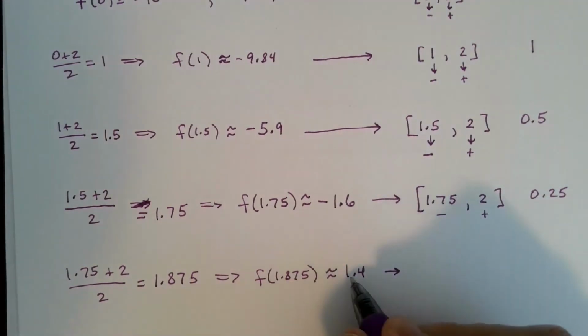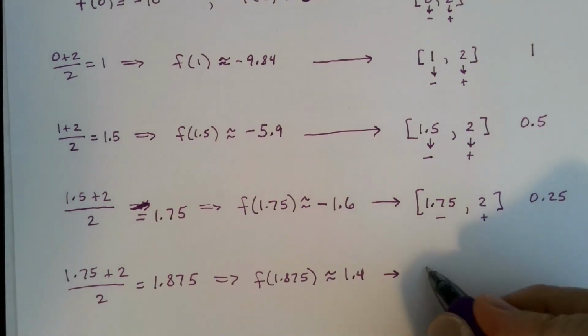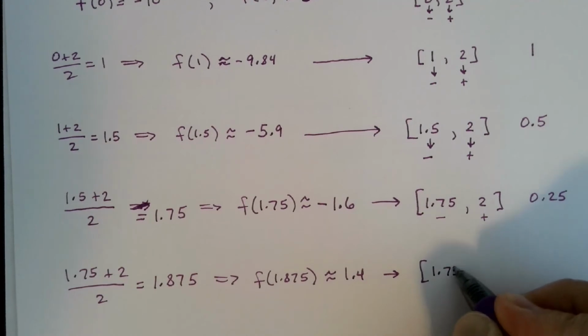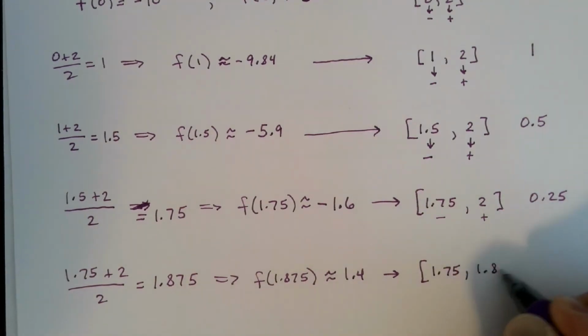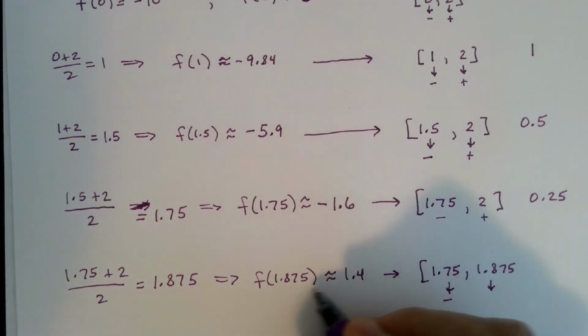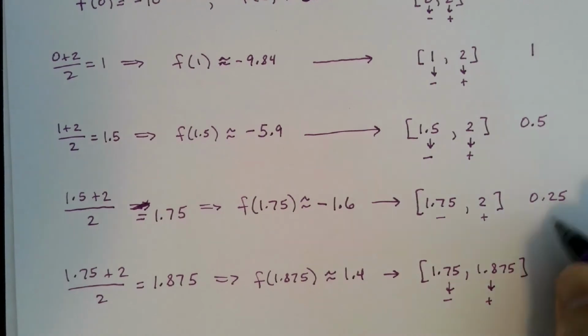Now notice this is positive, so what I'm going to do now is replace the positive 2 where the output was positive. I'm going to go from 1.75 to 1.875. So we know the output was negative at 1.75, and at 1.875 the output is positive now. And notice this length is 0.125 or 1/8.